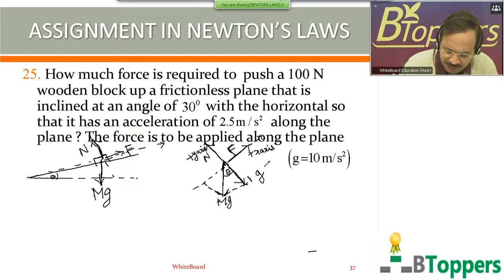So you can resolve the weight mg into rectangular components parallel to X and Y axis. The component mg cos theta acts perpendicular to the inclined surface opposite to the normal reaction. The component mg sin theta acts down the inclined plane opposite to the direction of the motion.